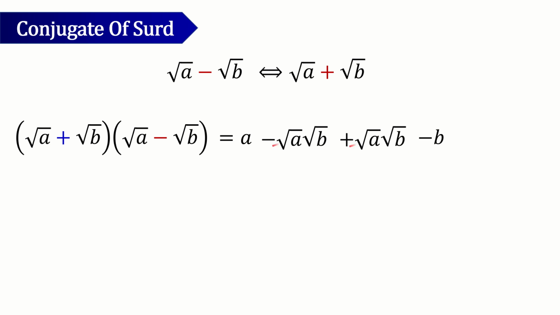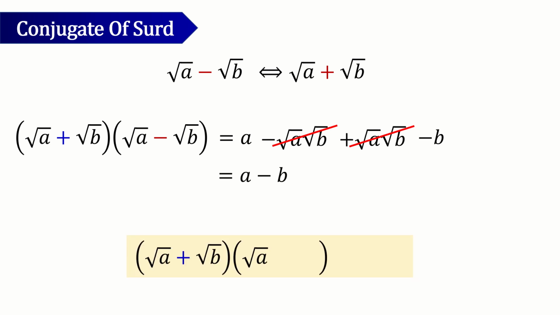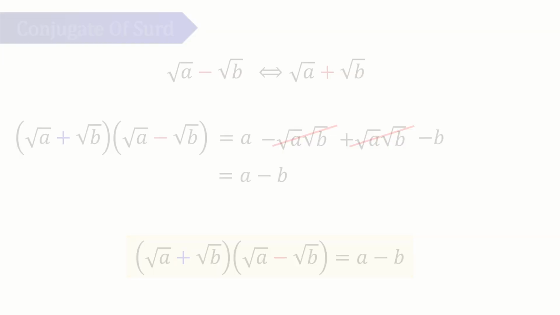And we can see we can cancel out the √a√b terms. So what is left is a minus b. That is what we have if we multiply them together.